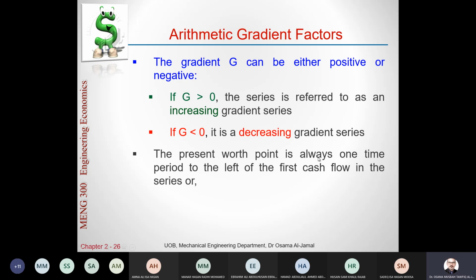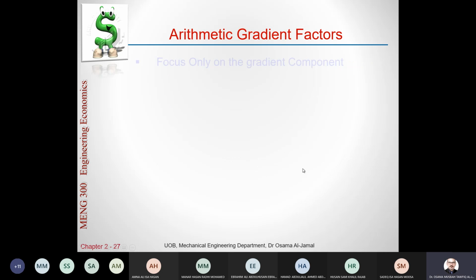The present worth point is always one period to the left of the first cash flow of the base annuity, or, if you consider the first gradient, the first increment, it will be 2 periods to the left of the first gradient cash flow.